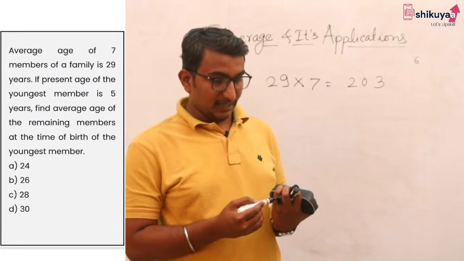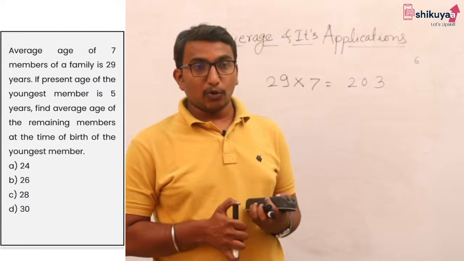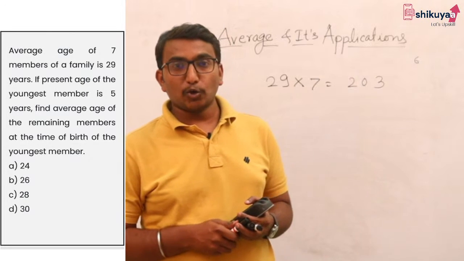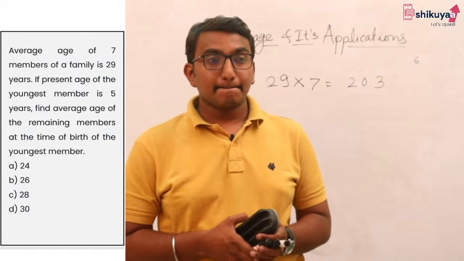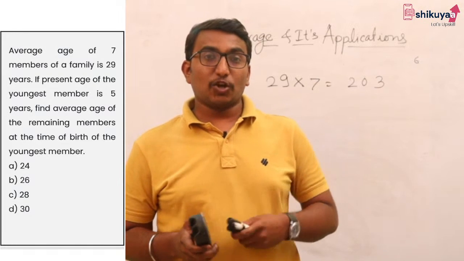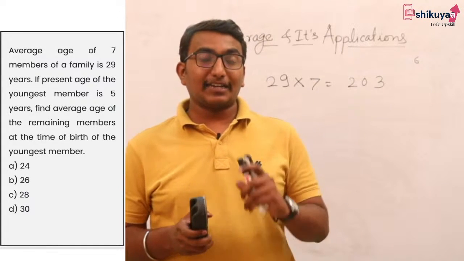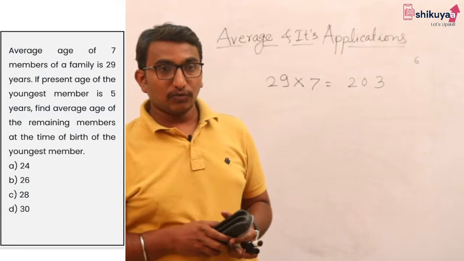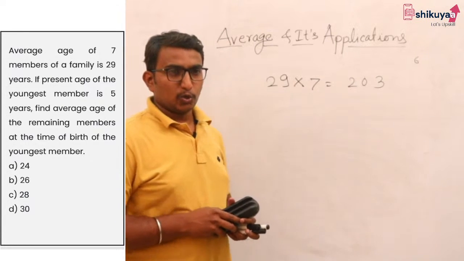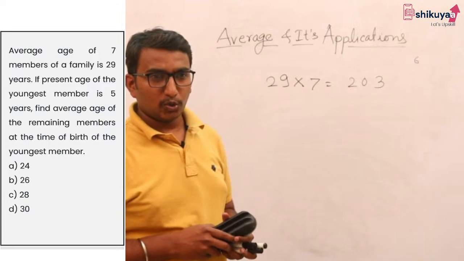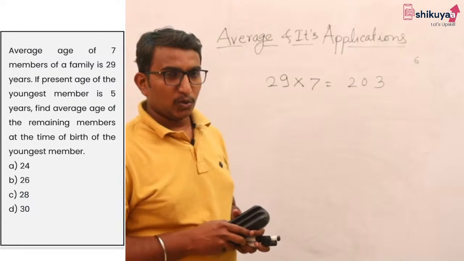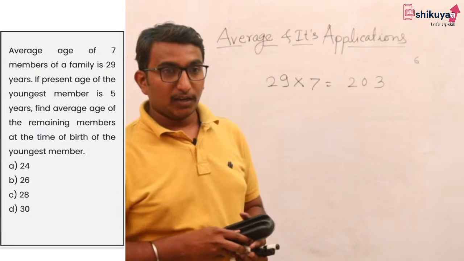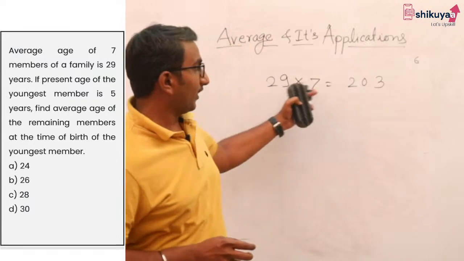Now you have to understand, whenever we are going to calculate the average age of all the remaining members at the time of birth of the youngest member, right now 203 is 29 into 7.